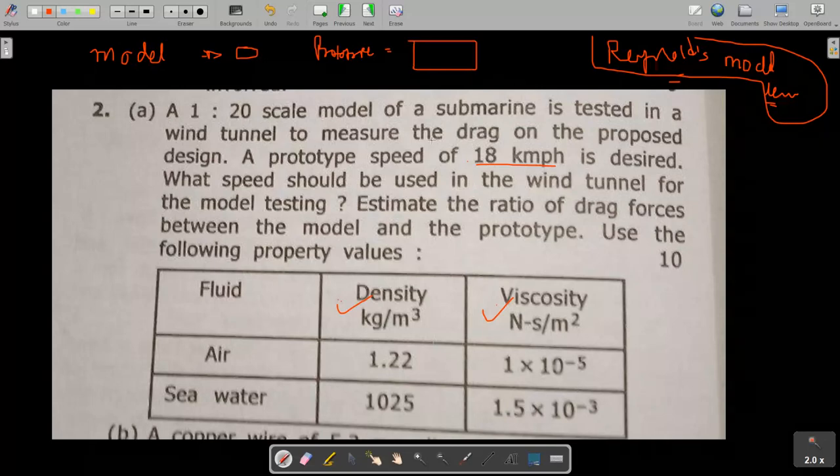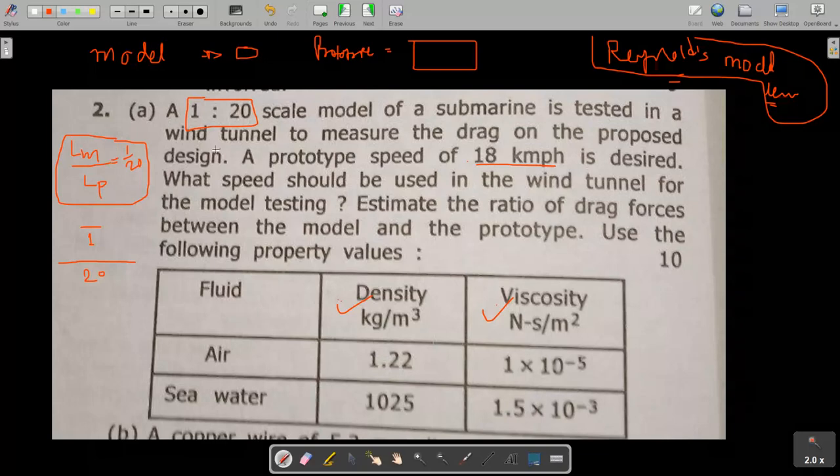So the length scale, or one dimension scale, or you can say LM by LP, the scale ratio, is given as 1:20. What this indicates is that, for example, if the length of the prototype is 20 meter, then the model length is 1 meter. This is the meaning of 1:20.